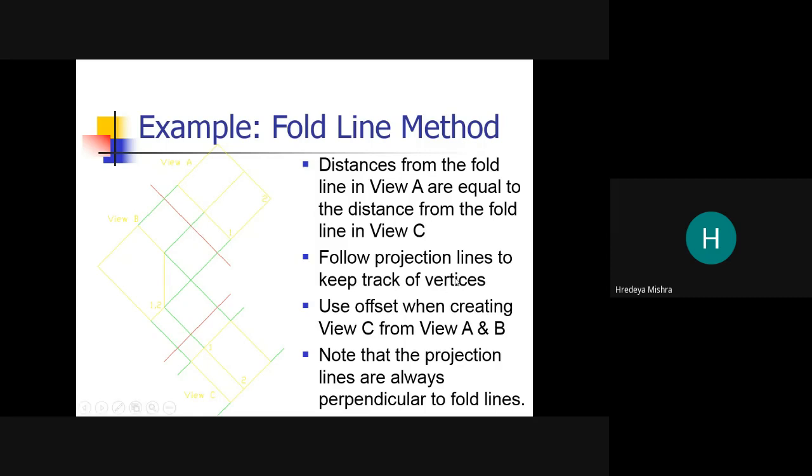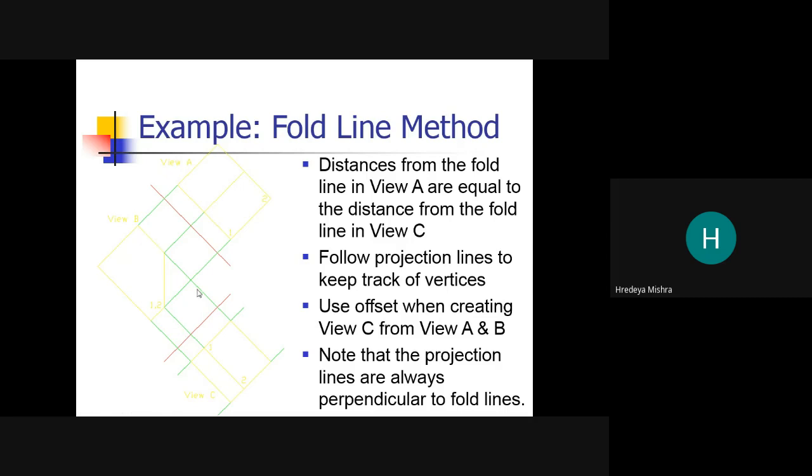Follow the projection line to keep track of the vertex. So we just follow the projection line, this line, this line, and this line, this line. So we get the vertex.